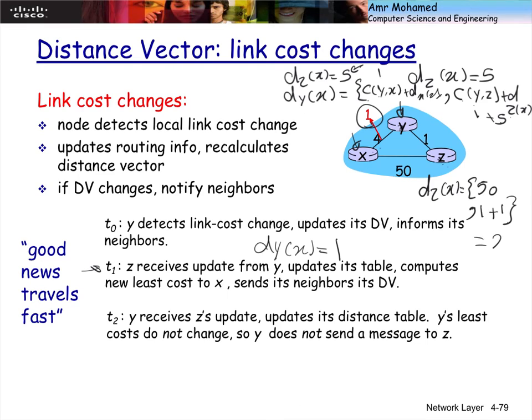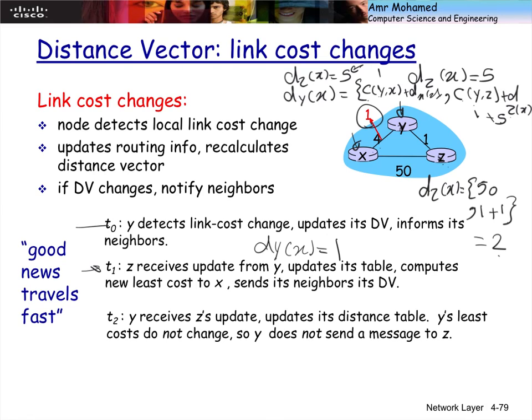So the new cost will be 2 instead of 5. The distance here changes. So Z will send back to Y the new distance, which is 2, and we have reached the steady state.